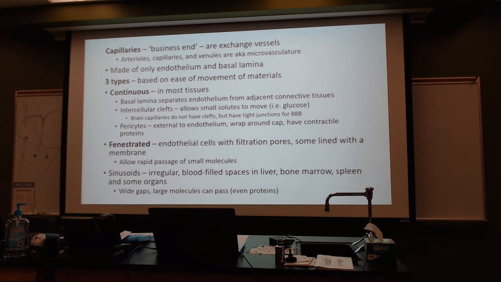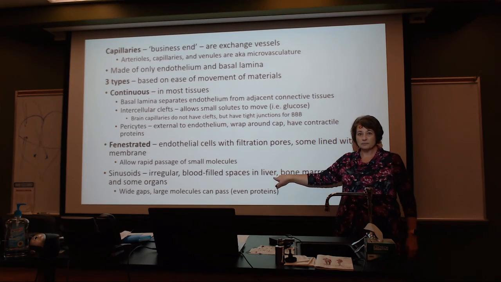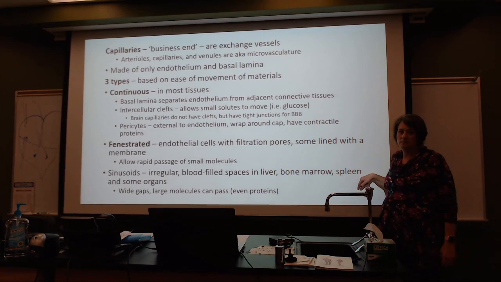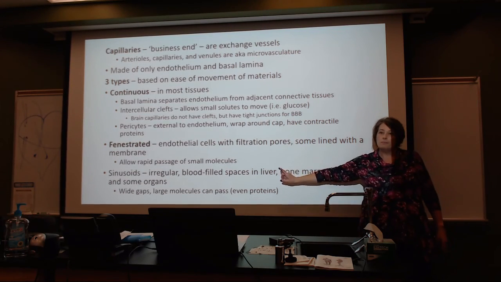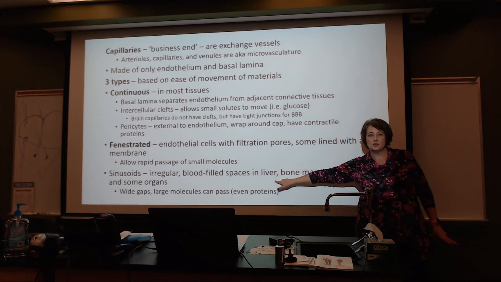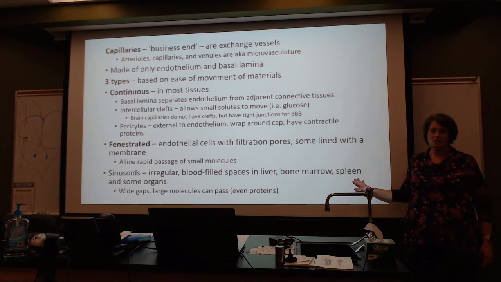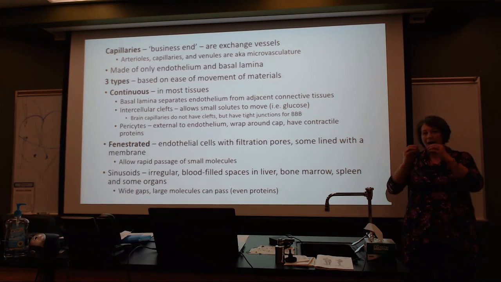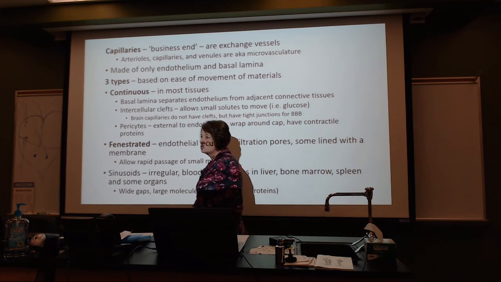Sinusoids are different. I find sinusoids in my liver, bone marrow, spleen. Not a whole bunch of other organs, but it can be present. Biggest areas for a sinusoid: liver, bone marrow, spleen. The reason for this is it's a very wide gap, and the molecules can be large.